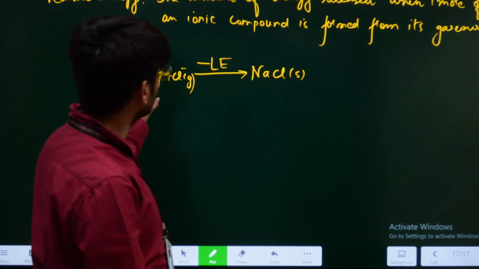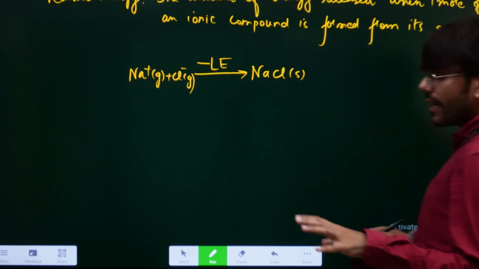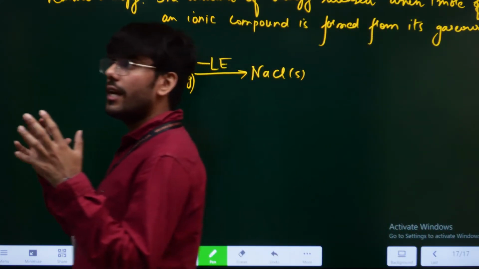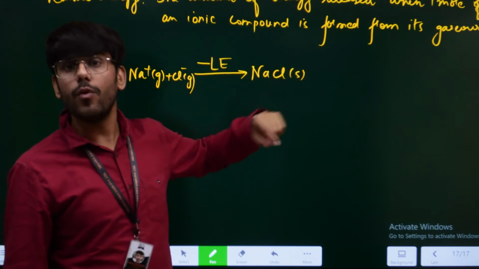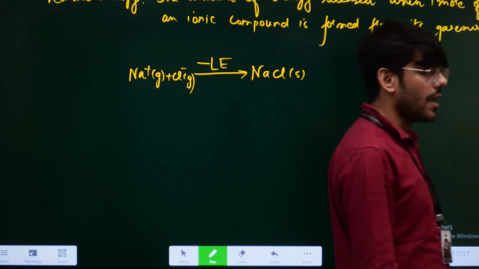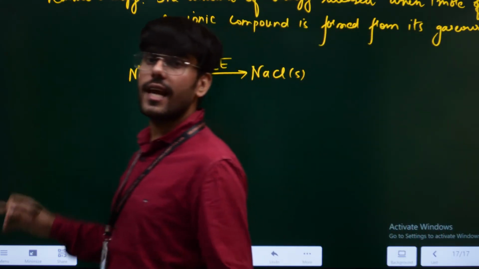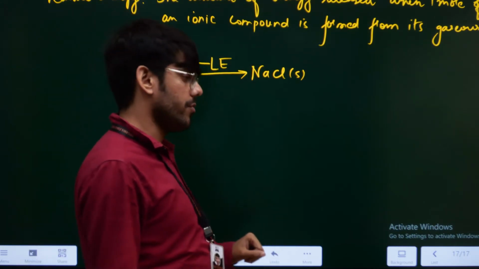Tell me, is this clear? Now, can I say that more the lattice energy, obviously the stronger the bond, and more of the energy is released? Yes or no? And if more energy is released, can I say that more energy is required to break that bond?